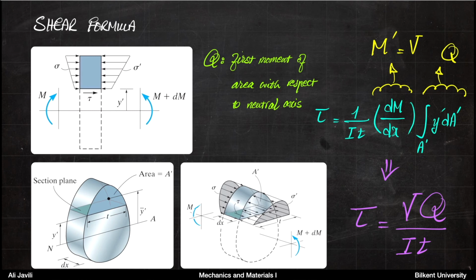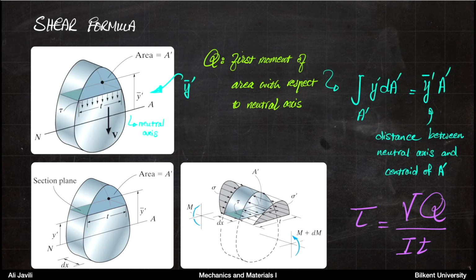The only thing you need to pay attention to when you use this formula is that when you calculate Q, that is the first moment of area with respect to the neutral axis, but this is for the area A prime. And A prime starts from the section you want to know the shear stress for. So if you ask yourself, what is the shear stress here?